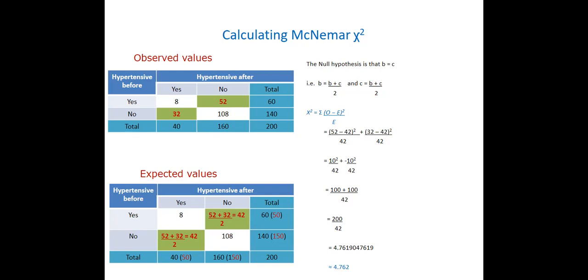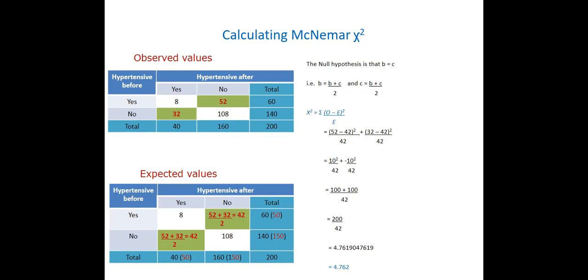So the expected value is trying to look at the discordant columns. So if there was actually no change, if the intervention did not work, we expect that the null hypothesis should be true, that there will be no change between the group of people before and after.